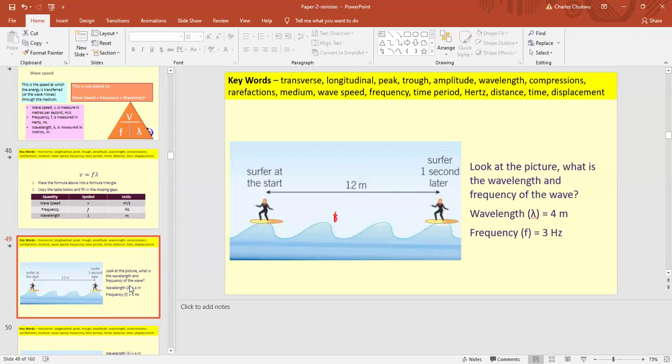If you look at this picture, how do you think they arrived at 4 meters? Please take a look at the picture carefully. How do you think they arrived at 4 meters? 3 times 4.